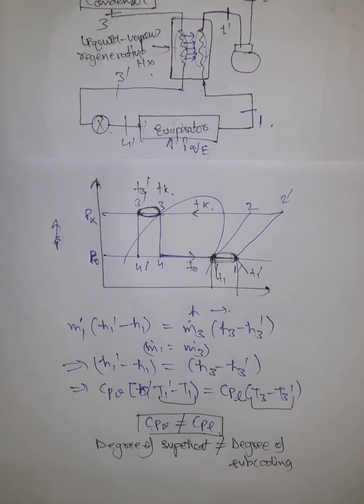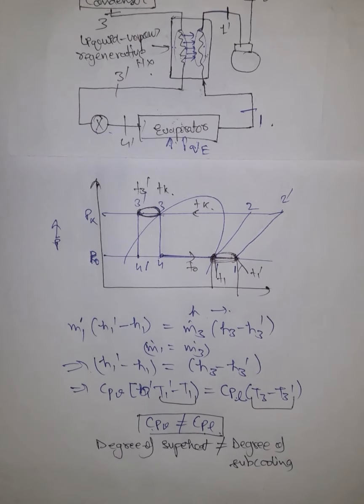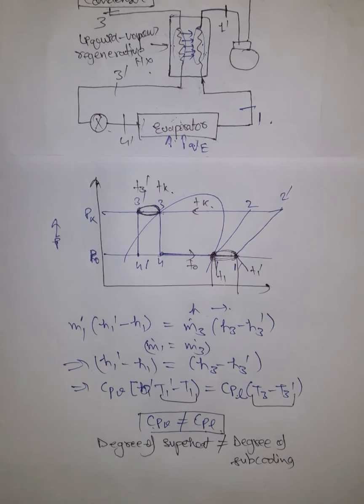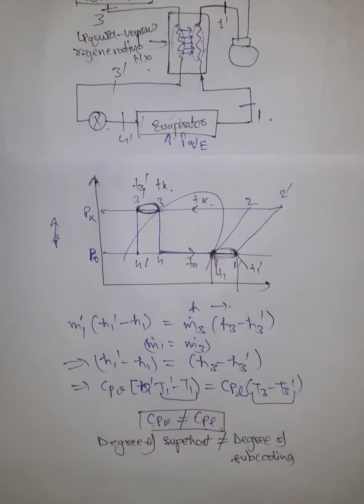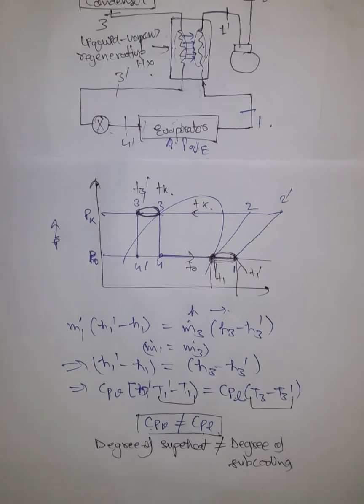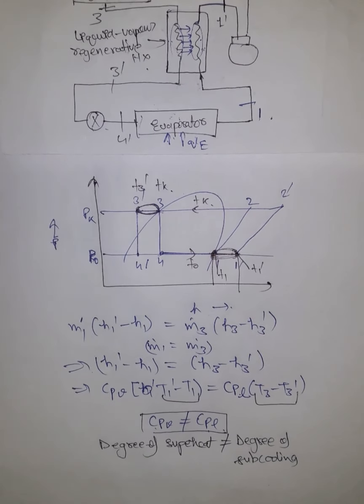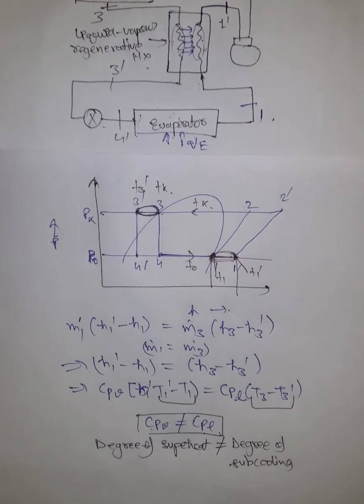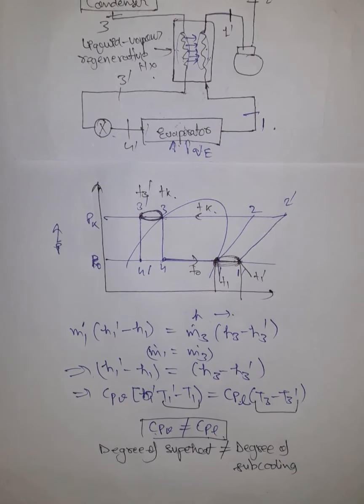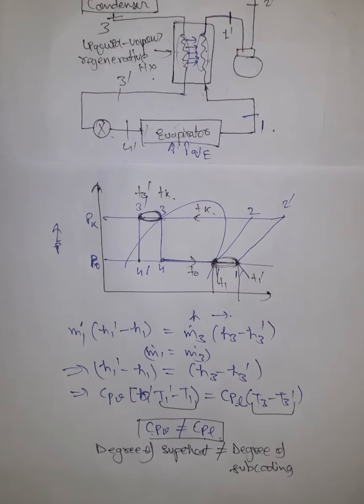These are facts, you don't need to remember them, they are just for knowing what actually happens. However, the volumetric efficiency actually improves with the superheat that we have provided here. We have already studied that superheating is beneficial in some cases of refrigerant, not in all cases. So this was all about this liquid vapor regenerative heat exchanger.